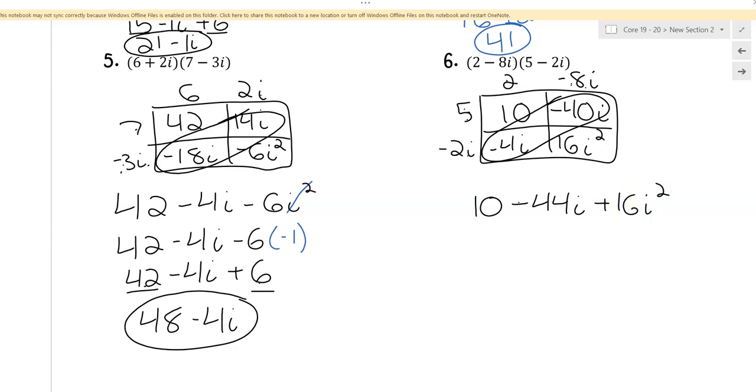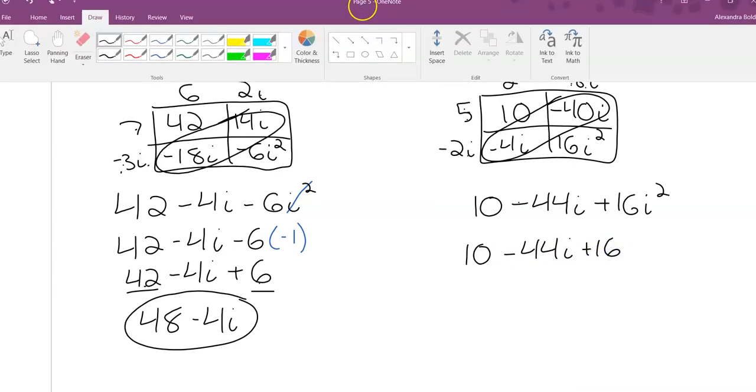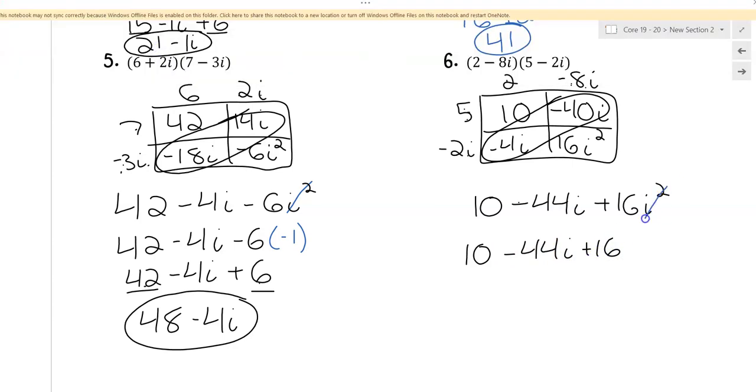We need to change that i squared, so we get 10 minus 44i plus 16, and that i squared becomes negative 1. So I have 10 minus 44i minus 16. 10 minus 16 becomes negative 6 minus 44i.